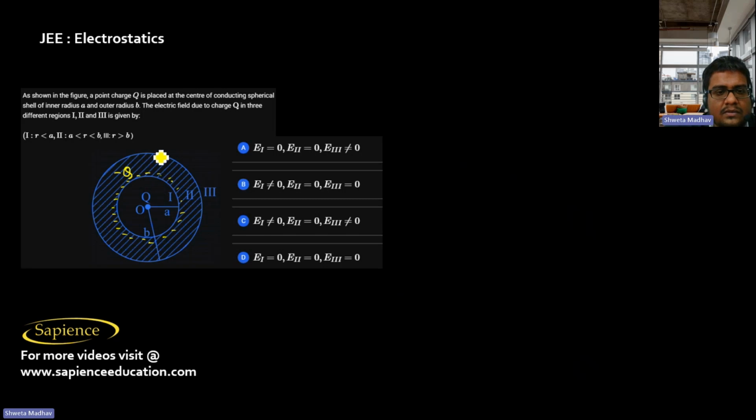So on the outer surface of the shell, an equal positive charge Q will be induced, and it will be uniformly distributed throughout the surface of the shell. So we have to find the electric field in region 1.